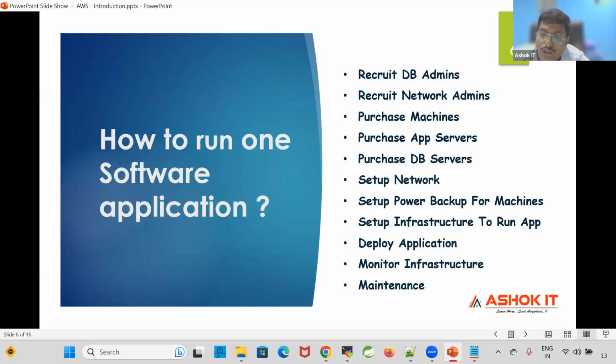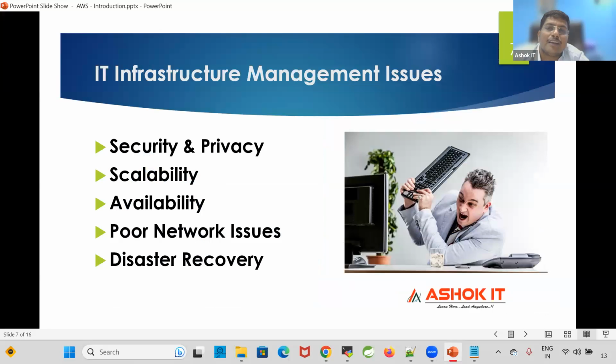But here, if you go for the infrastructure management, there are n number of problems. First one is security. You kept so many computers in your office. Then what is the security for your office? What is the security for your computers? What is the privacy for your computer? Okay. What is the scalability? Today you purchased 100 computers, but you need 200 computers.